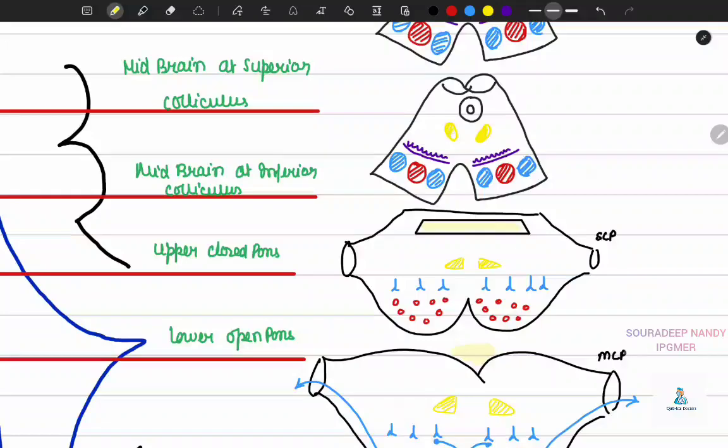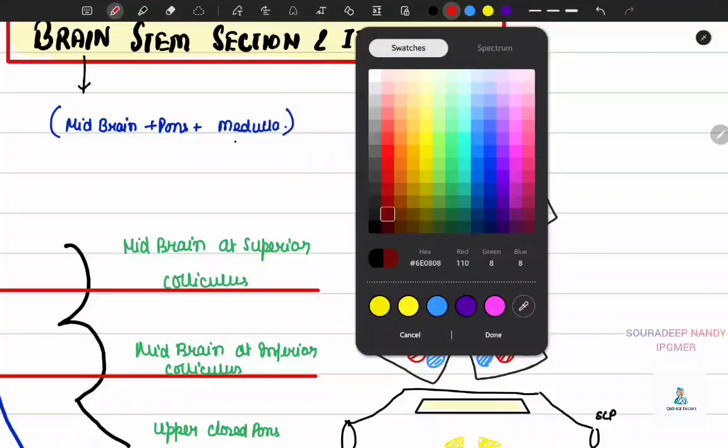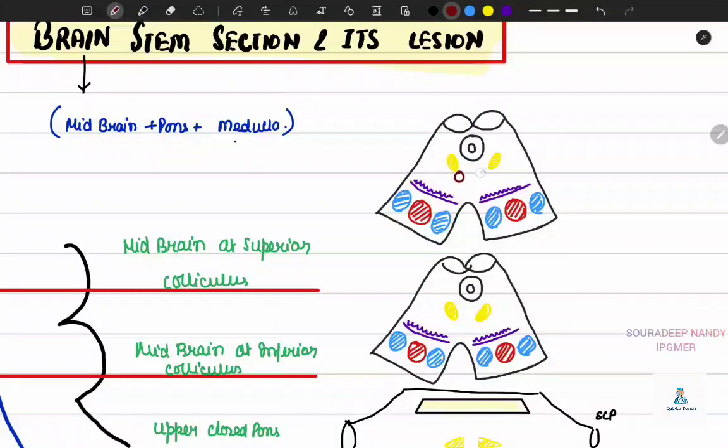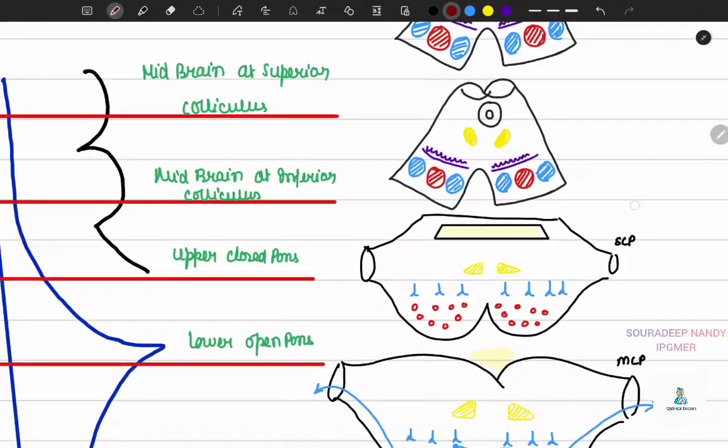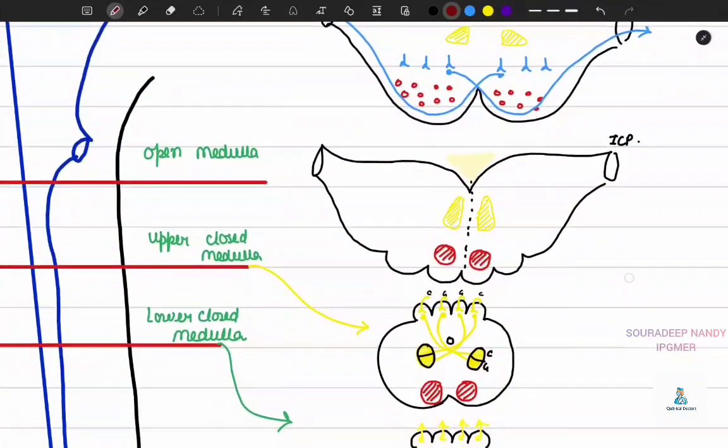Then it occupies the medial portion of the midbrain at the inferior colliculus level, and then at the midbrain at the superior colliculus level. So there is also the red nucleus present anterior to the medial lemniscus. So the dorsal column medial lemniscus tract is now completed.